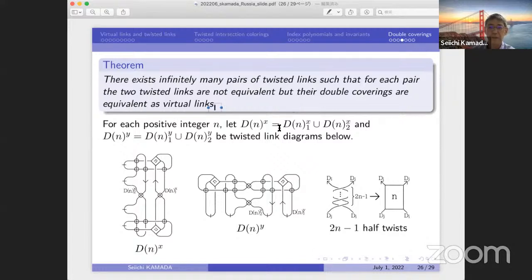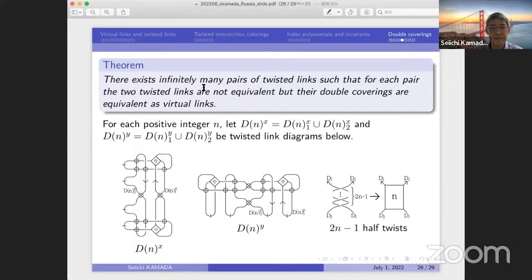So there are infinitely many counterexamples for injectivity. And here is such a pair. For each positive integer n, D_n^x is this diagram, and D_n^y is this diagram. Here the box n is 2n minus 1/2 twists.